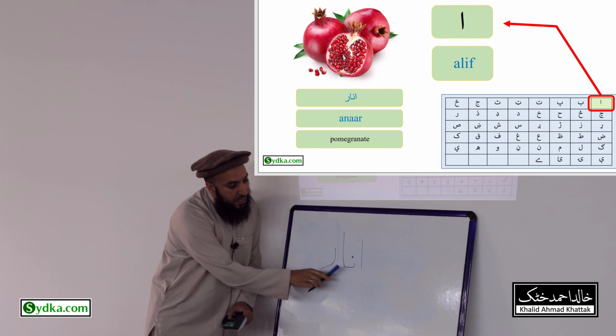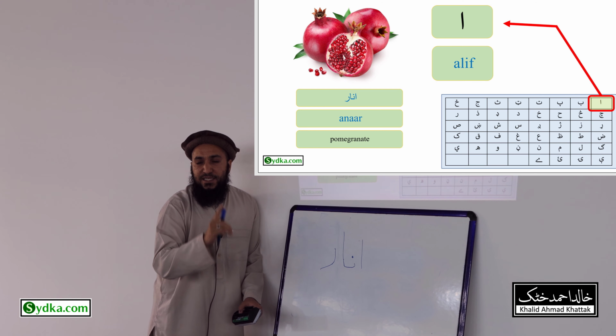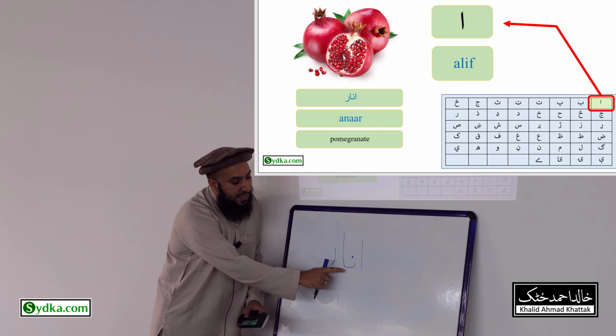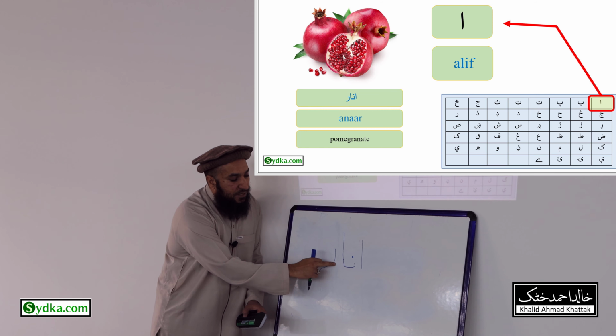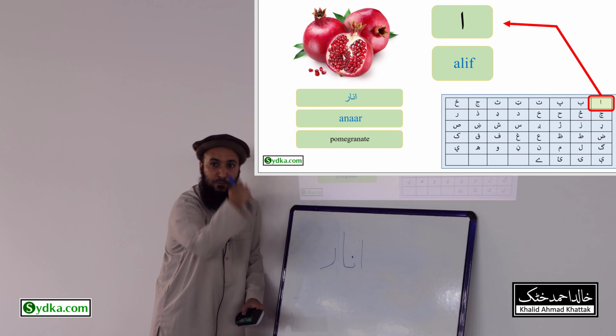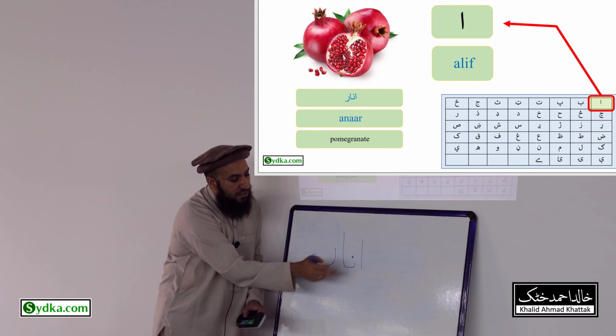Connector. So if you see here, noon, we can connect something after it. The difference between connectors and non-connectors was that you could connect something after it. For both of them you can connect before it, but for a non-connector, you can't connect after it. So this is the example.